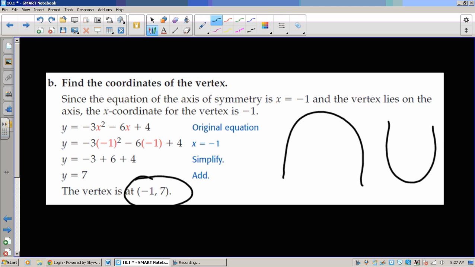This one is more like the firework because it opens downward, since A is negative. So this problem has a maximum value, and it's at negative 1, 7. That's what the vertex is, and we're going to do this more tomorrow.